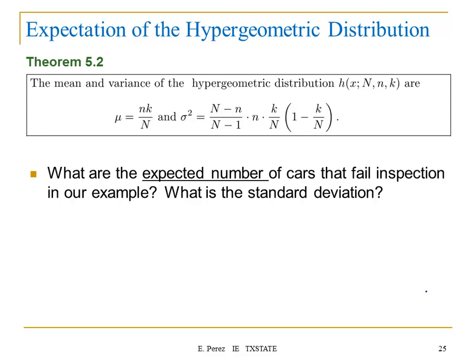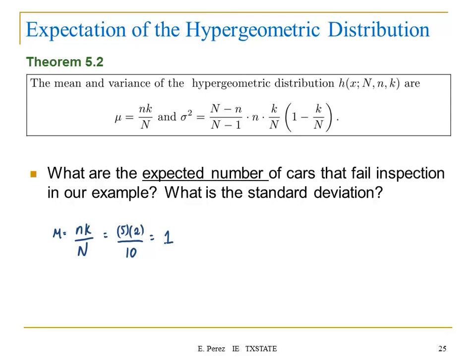If you solve this, mu is going to be equal to n times K divided by N. So here we have the size of the sample, 5, times the number of successes, 2. Then this divided by the size of the total that we are analyzing. So this is going to be equal to 1.